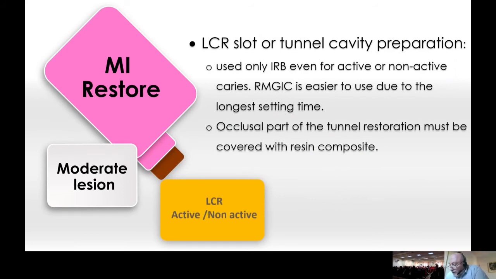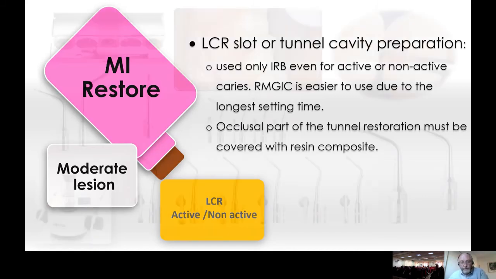So the third flow chart: when cavitation or proximal lesions have occurred and the lesion has progressed well into dentin, non- or micro-invasive approaches do not seem to be a good option, and invasive treatment should be employed. But as in the previous step, individual caries risk and caries activity lead our final treatment decision making. If it's low caries risk, slot or tunnel preparation combined with ion-releasing biomaterial could be performed as first approaches.